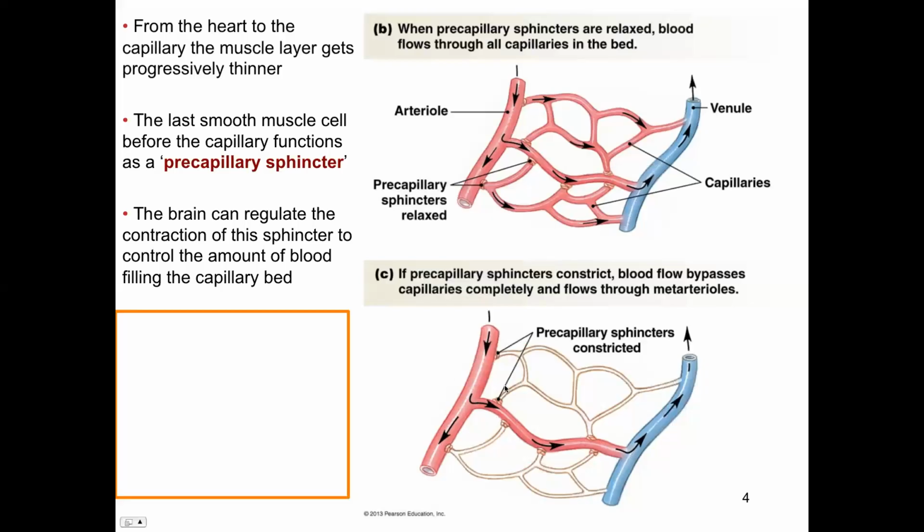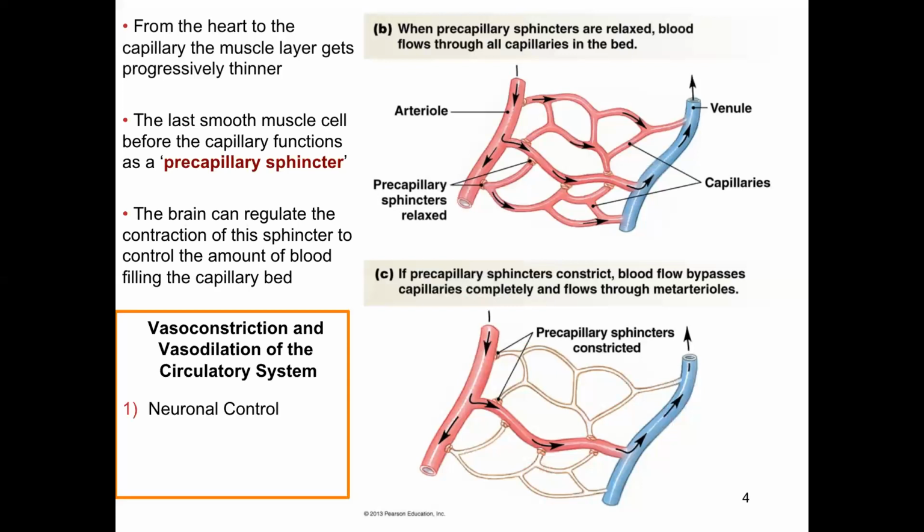Now, the brain, or the body, I should say, can control how open and closed these vessels are. So vasoconstriction, or the closing of the vasculature, and vasodilation, the opening of the vasculature, is controlled in 3 different ways. First of all, neuronal control, all right, so that would be top down in the brain, right?